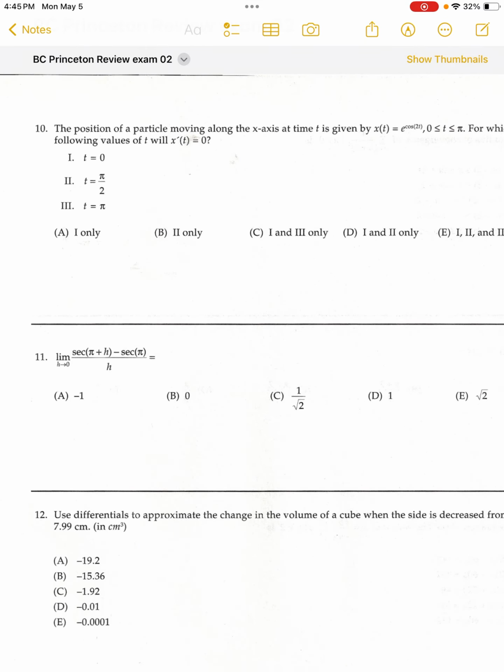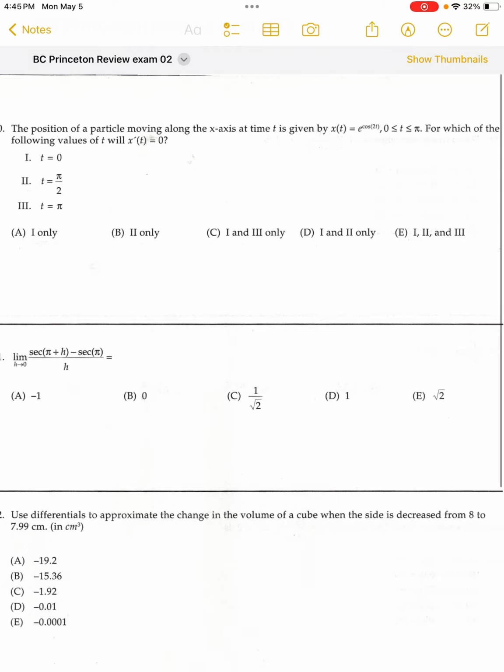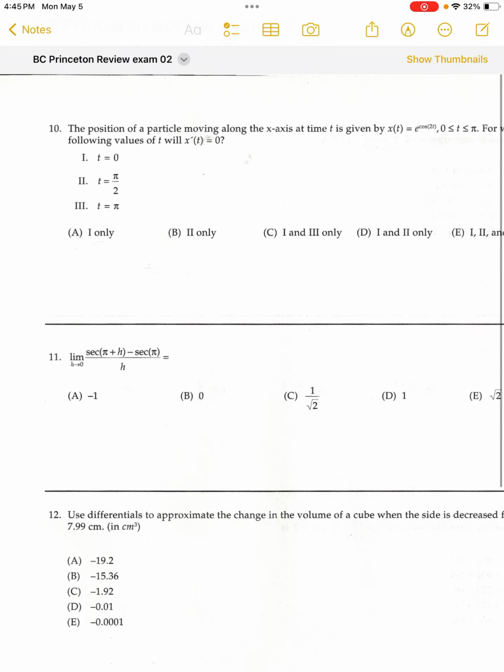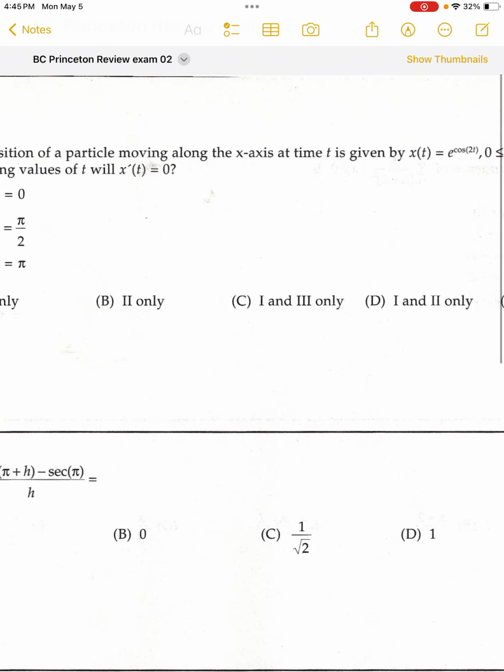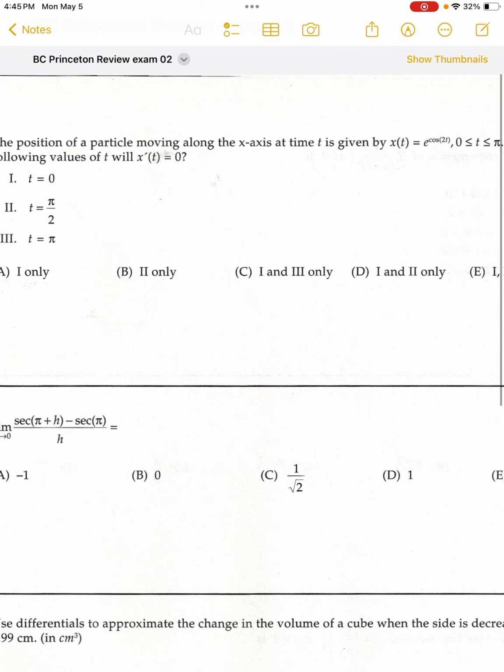Okay, number 10. The position of a particle moving along the x-axis at time t is given by x of t equals e to the cosine 2t for t between 0 and pi inclusive. For which of the following values of t will x prime of t equal 0? Okay, so we have to do some differentiation here.